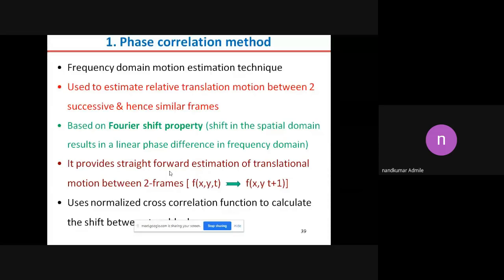If the signal changes from one place to another place, from origin to the right side or origin to the left side, we can write it as t plus 1, t minus 1. Similarly in the phase correction method, if the motion of an object changes from one position to another position, in that case we can use the phase correction method.